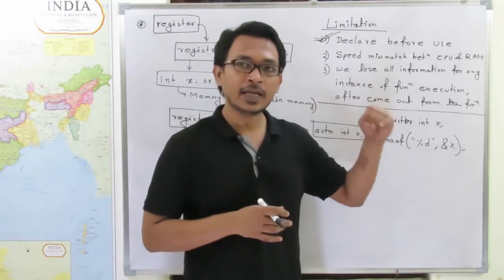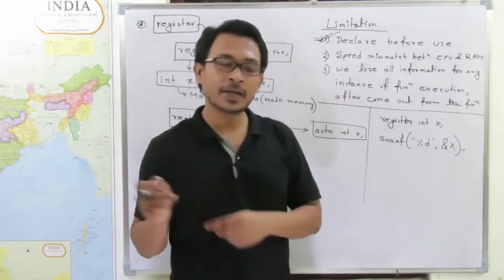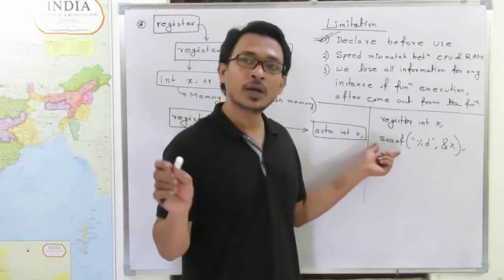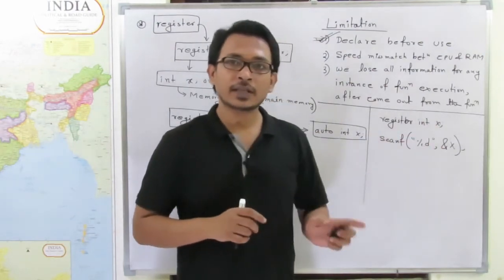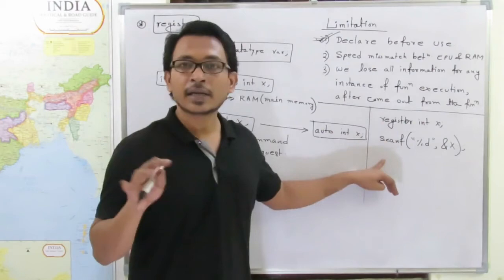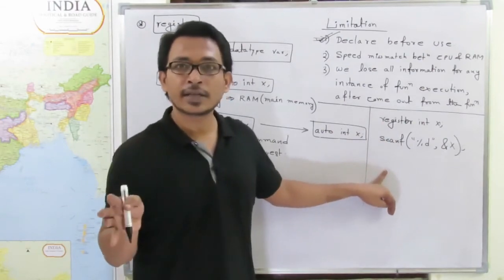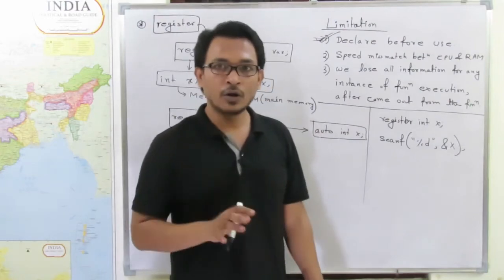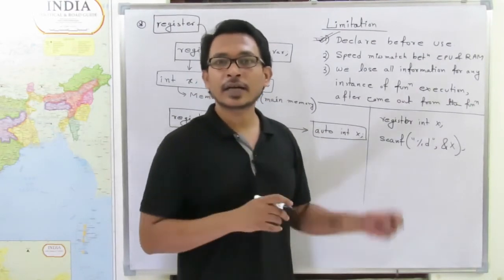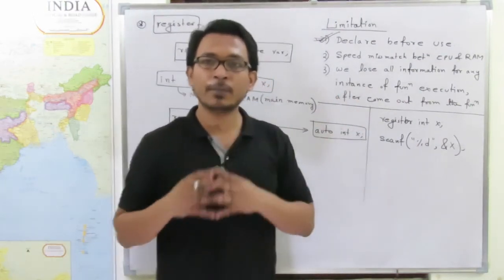If the memory is allocated from main memory, this instruction will execute. But if the memory is allocated from a register, it will give us an error. That means there is an uncertainty whether the memory is allocated from a register or not, and depending on that, the execution of the program will behave.